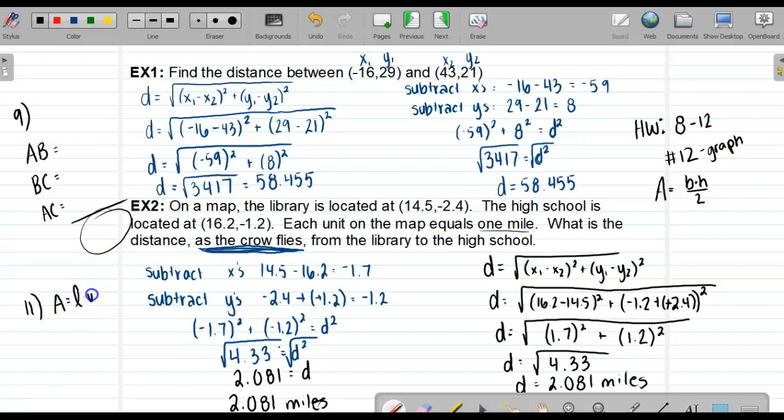Length times width, or base times height, depending on what you call them. Do you need to find the length of all 4 sides of that rectangle? You just need to find the length of 2 sides that are next to each other. Okay? Again, you're welcome to graph these to get a picture of what you're looking at, but I want you to show the work of how you did it, either with a formula or by subtracting. So tomorrow's homework, you've got to have some work with it.